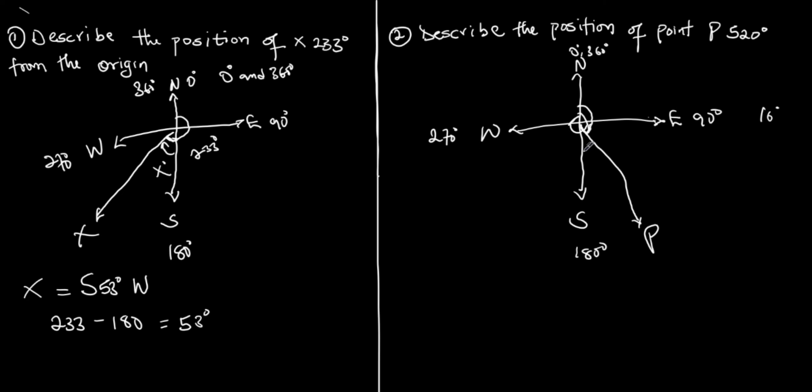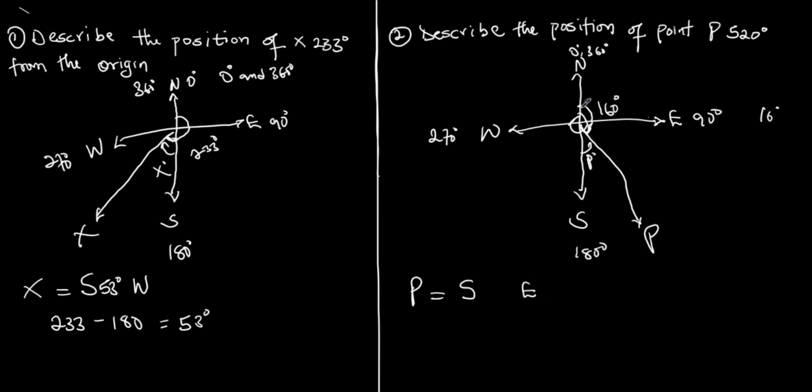Remember, going around again from the north to this point is 160 degrees. How then do we find this small angle P, so that we can say our P is in between south going towards the east?